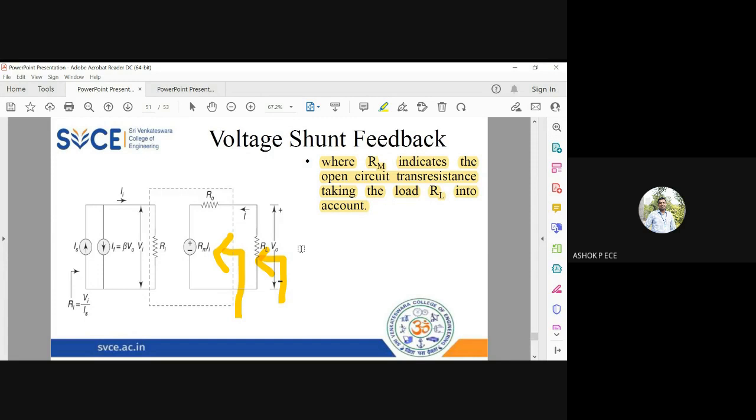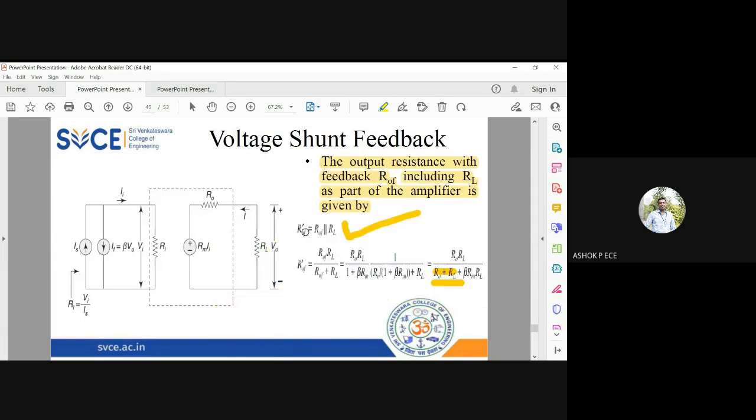Okay, so that is the difference. And always this formula will hold good: R naught F dash equals R naught F parallel to RL. Because till this point you have R naught F, and across R naught F I'm connecting RL, so it is R naught F parallel to RL. Whatever value of R naught F you get, do a parallel formula with RL, that is going to be the value for R naught F dash.